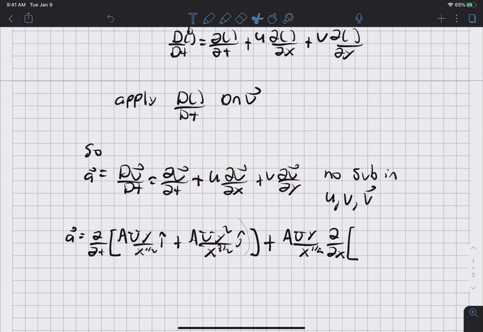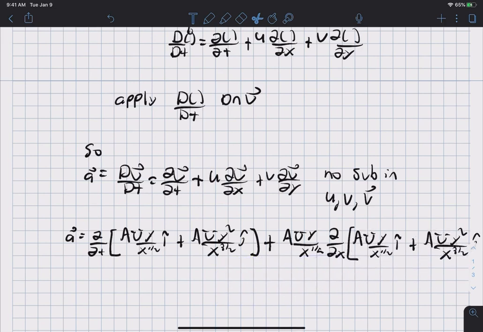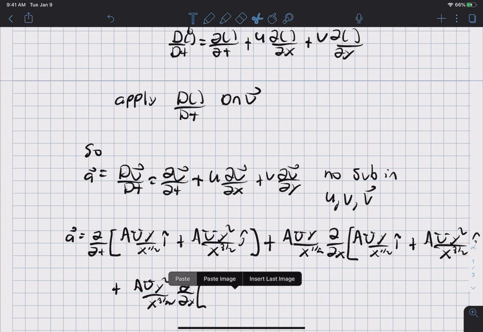Okay, and I'm going to cheat. And since I'm doing this on my iPad, I can just copy this, like so. Okay. Plus v, which is a U y squared over x to the 3/2 power, times partial y of the velocity vector.